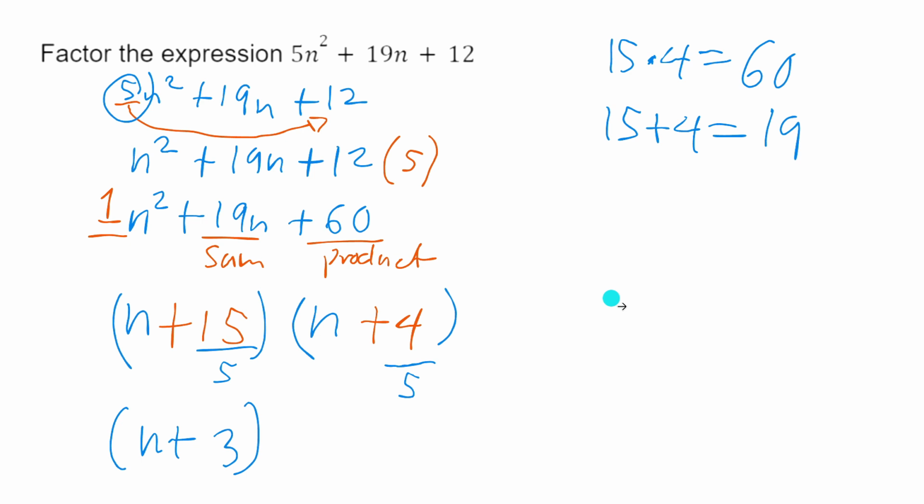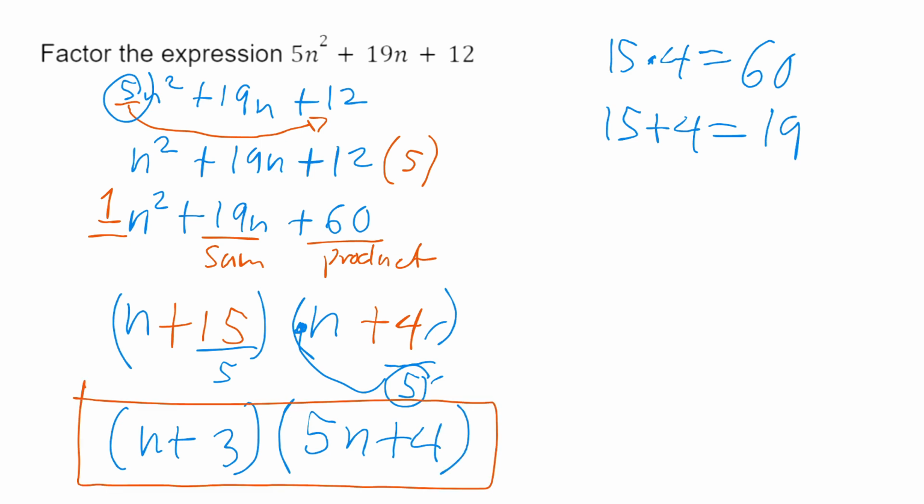And then next, can we divide 4 by 5 and get a whole number? No, right? Because it's going to be a decimal. So what do we do? Since 4 is not divisible by 5, we move the 5 here. So it's now 5n plus 4. So this one here is already our final answer. And I hope this one is clear with you.